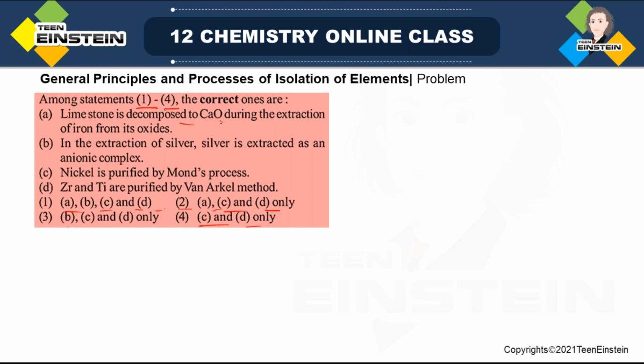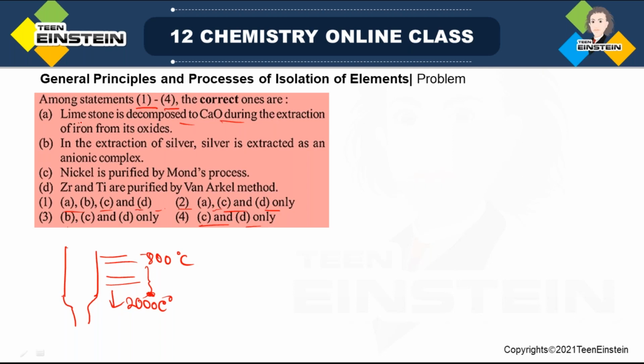Limestone is decomposed to CaO during the extraction of iron from its oxide. For iron extraction we use a blast furnace. Remember this instrument where different temperatures are there. As we move down, there is very high temperature, around 2000 degrees centigrade, and the first temperature zone is the lowest, which is 800 degrees centigrade, and here we have an intermediate temperature.